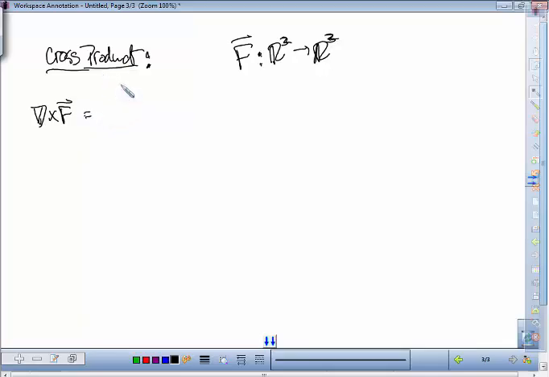So the matrix is going to have an i, j, k component. Now this is kind of weird because this del operator is really just an operator. So I'm going to put partials with respect to x, with respect to y, and then with respect to z. And then I'll have my f, which is p, q, r, functions of x, y, and z.